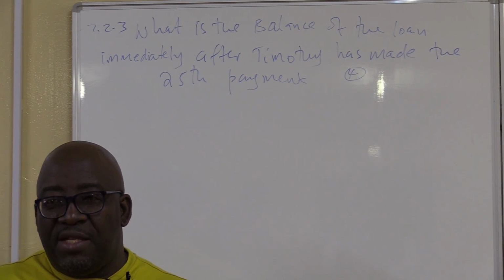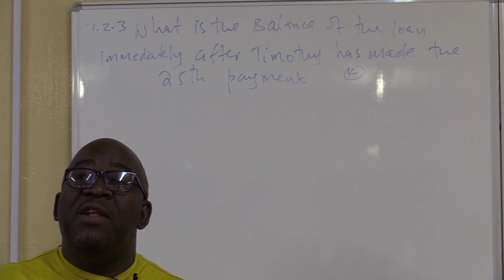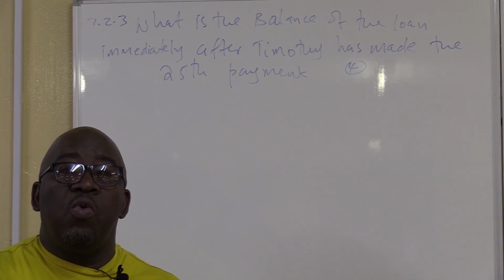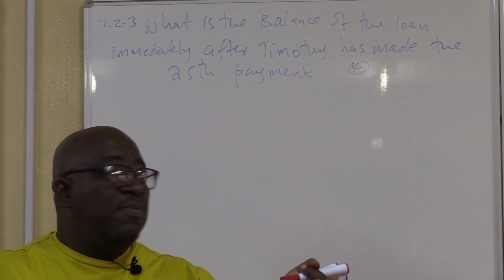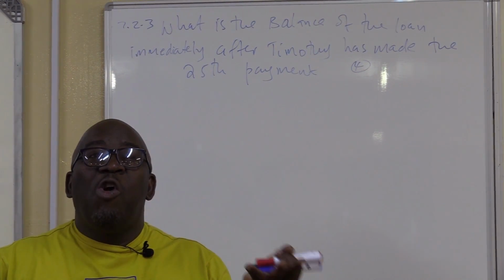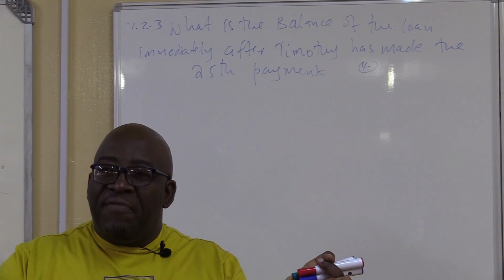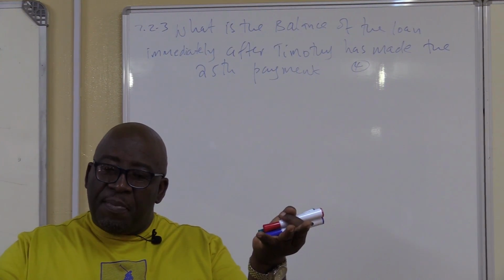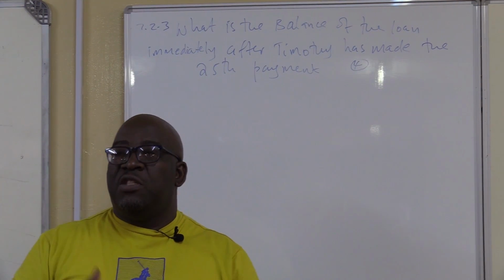If I put it aside, it will be as if I'm investing, a future value. It will also grow. Then at a certain point in time, in this case after 25 payments, I will compare what I owe and what I have invested. I take what I owe, I subtract what I've invested, and see what is the balance.